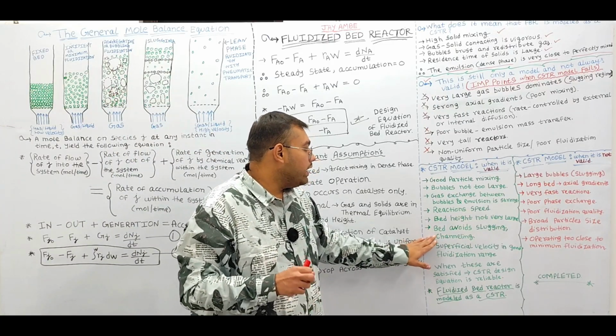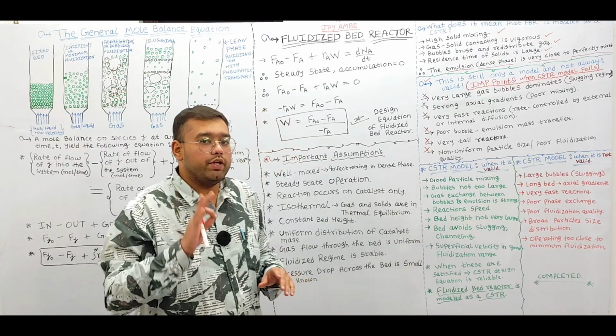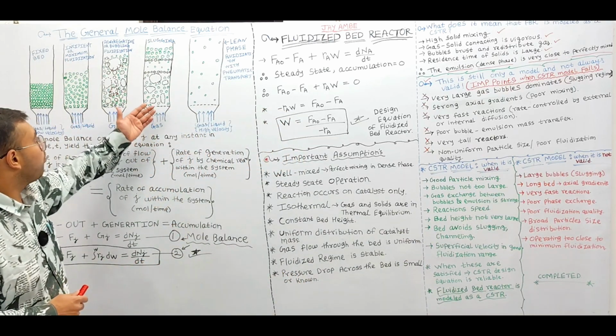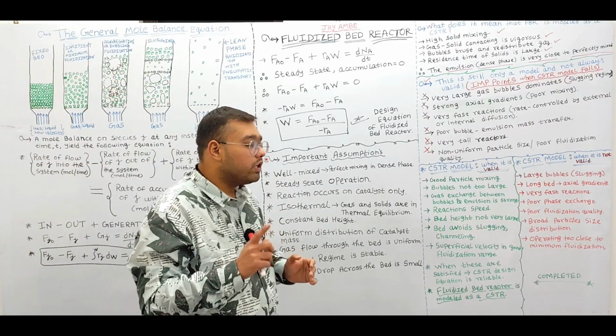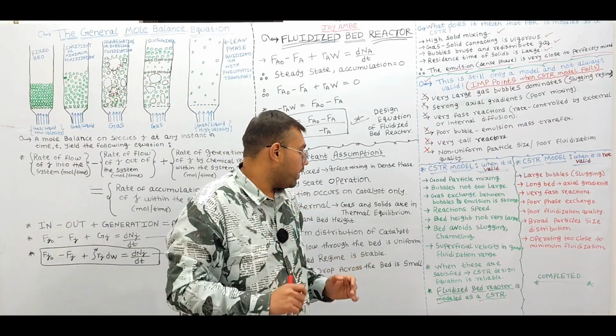Okay, now we need to avoid the slugging and channeling regimes, right? I already explained what the slugging and channeling regimes are, so we need to avoid all of them, right?